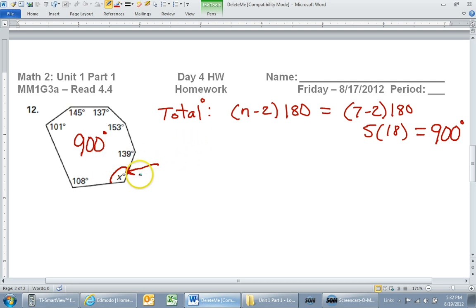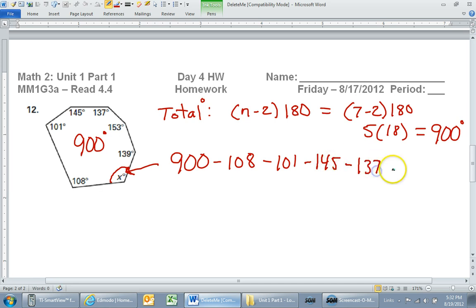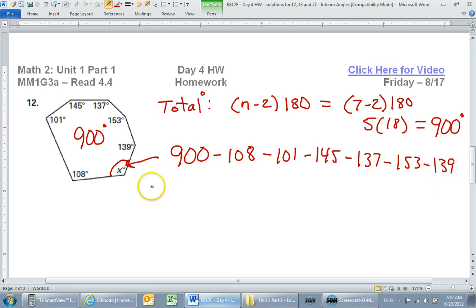So basically, this angle is going to be 900 minus 108 minus 101, minus 145 minus 137 minus 153 minus 139. So that's 117 degrees.